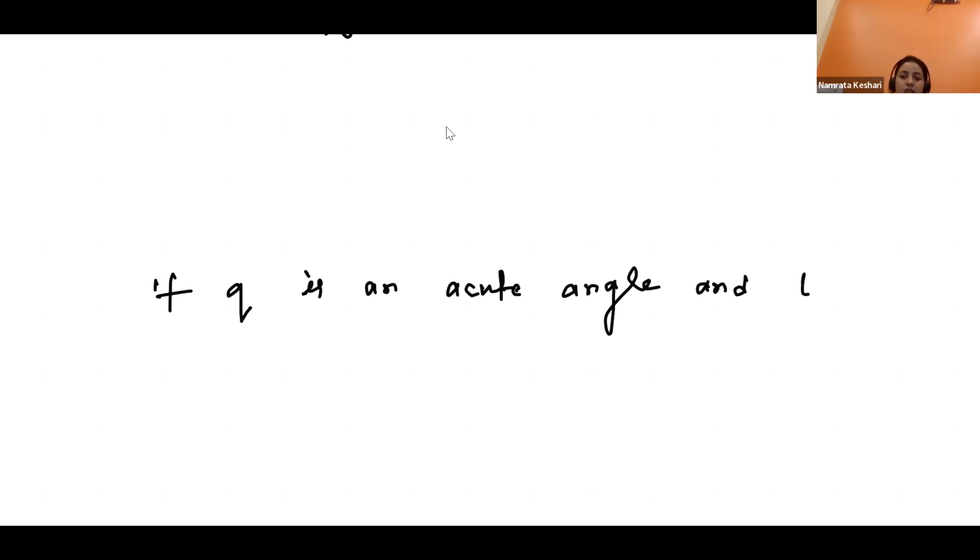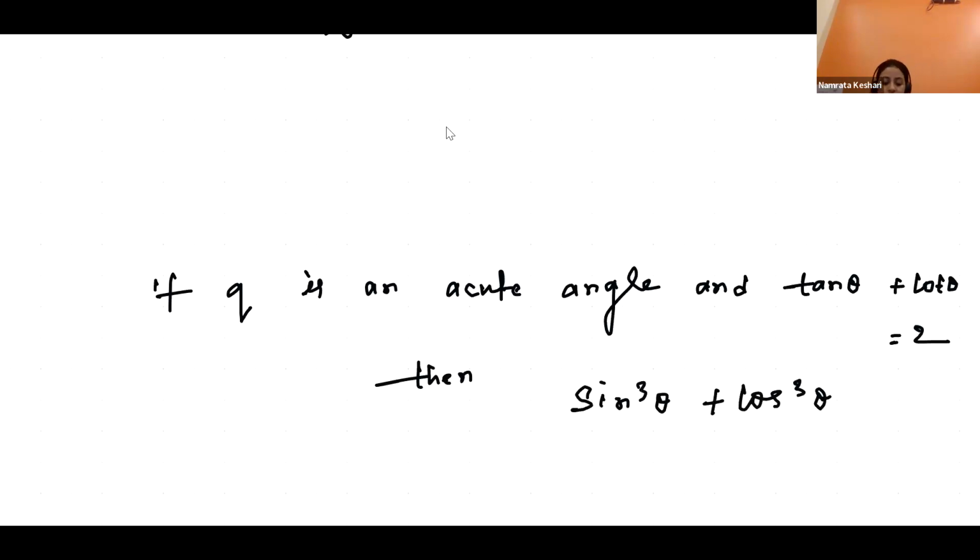If Q is an acute angle and tan theta plus cot theta is equal to 2, then sin Q plus cos Q is equal to what? We will discuss it. Let's try doing it.